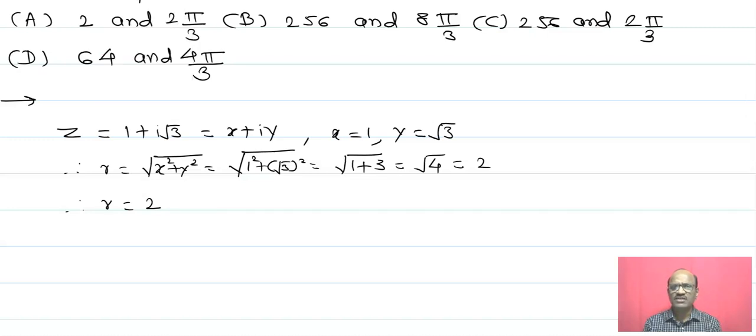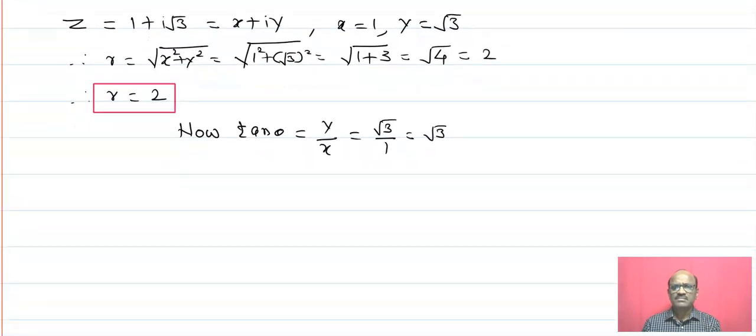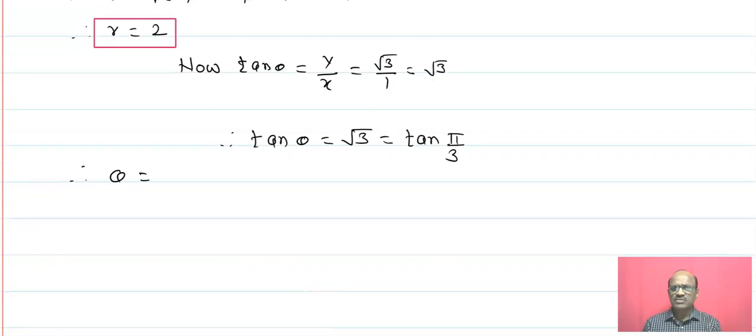Now next we will find out the argument. See this. Now tan theta is equal to y upon x. Therefore root 3 upon 1, and its value is root 3, which is equal to tan of pi by 3, and hence theta is equal to pi by 3.